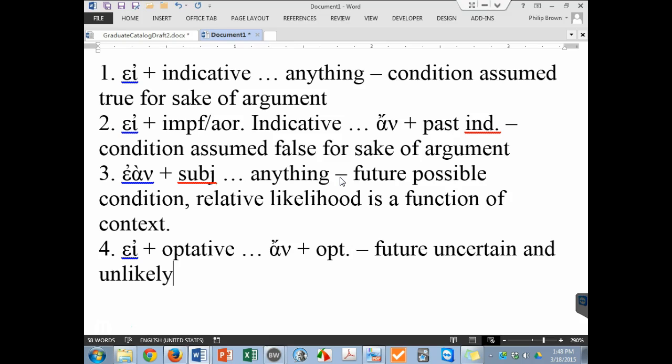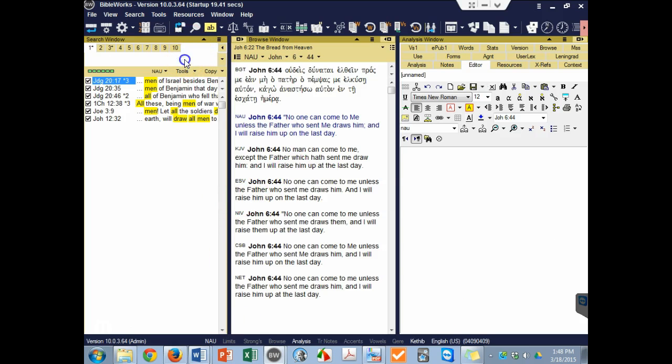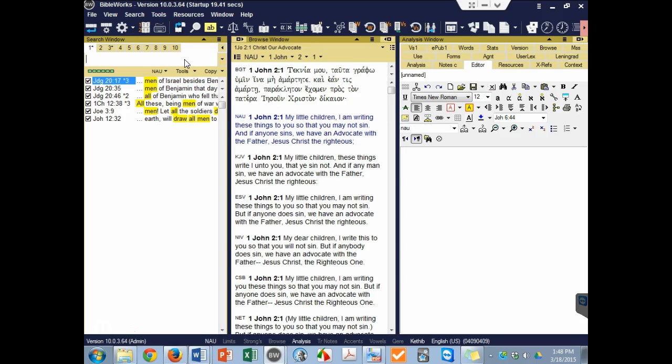So thinking back to our 1 John exercise, when in chapter 2 he's talking about if someone were to sin, 1 John 2:1, en tis hamartē, you have a third class condition, which was a future possible condition.